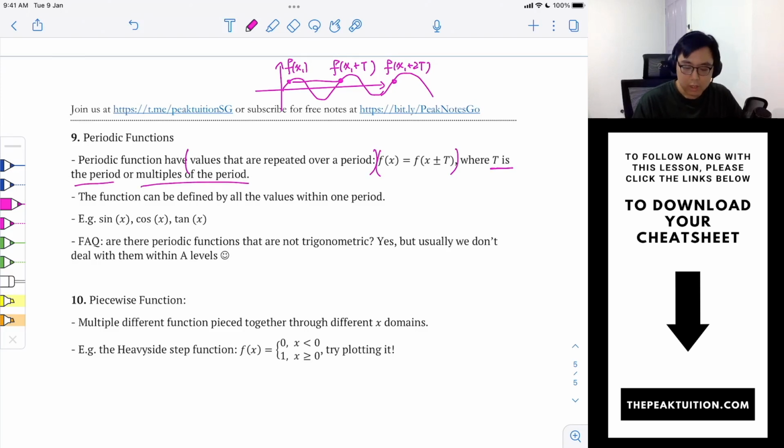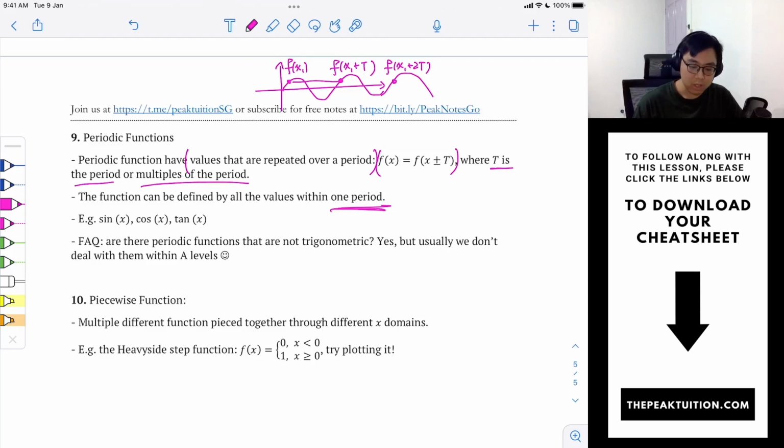The function needs to be defined by having all the values within one period, but one period is enough. You don't need 3 periods to define the function, because one period just tells you all the values within one cycle. For A levels, the periodic functions we deal with are just sine, cosine, tangent.